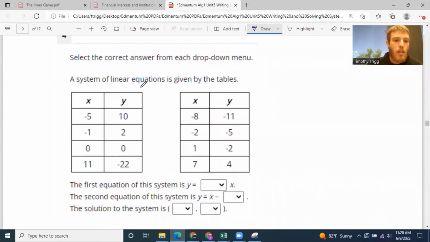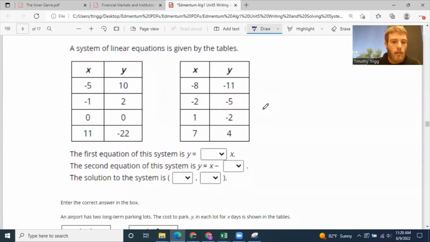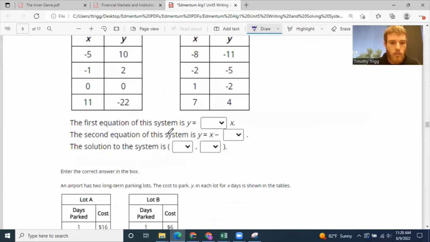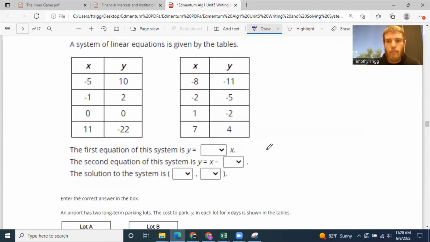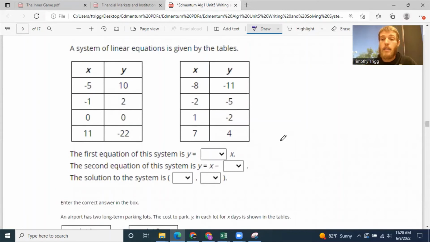Okay. Here we got a system of linear equations in the given tables. Okay. All right. Second equation minus solution. Okay. So here we need to find the equation for each of these. Well, we can write them in y equals mx plus b slope-intercept form.